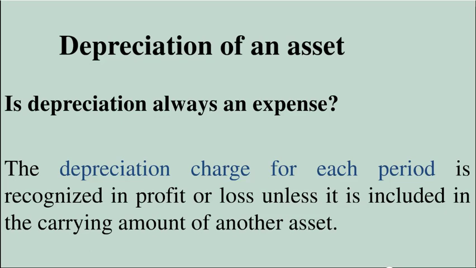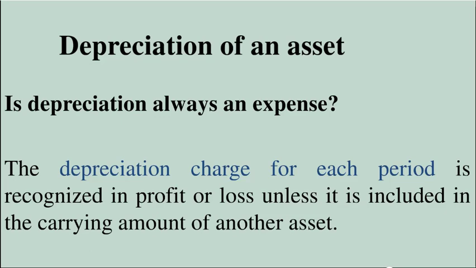For example, if you use a motor vehicle, the motor vehicle depreciation is an expense. And let's say if you use building construction machines, the machine depreciation can be included in the building value, because machine depreciation is a building construction overhead, so it can be added to the building value.